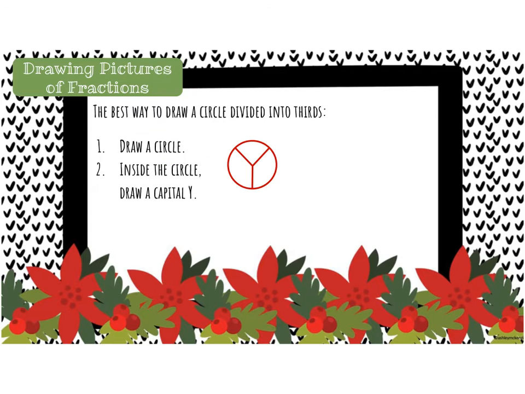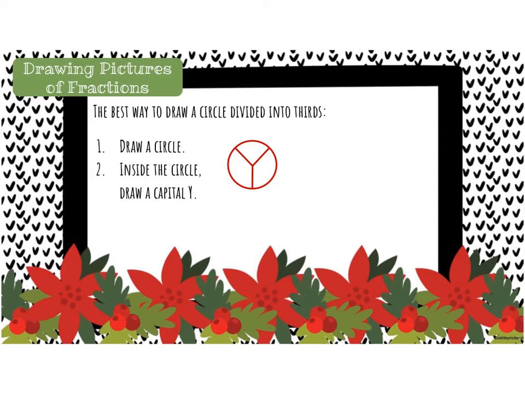Okay. The best way to draw a circle divided into thirds: sometimes we struggle with circles and dividing them equally into equal parts. Even the pizza places struggle sometimes. Not every single slice of pizza is exactly the same. They can do their best, but sometimes you get a piece of pizza that's a little bigger than the one next to it.